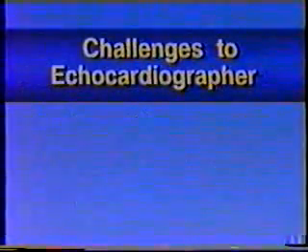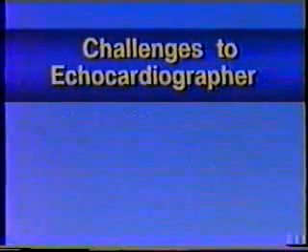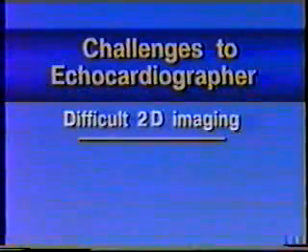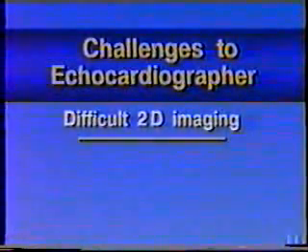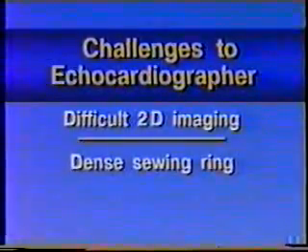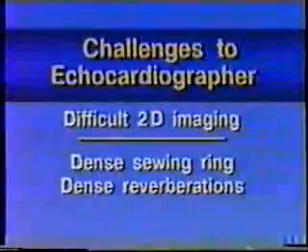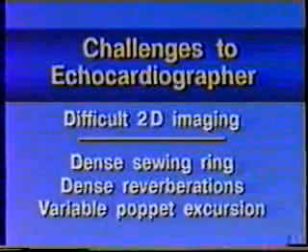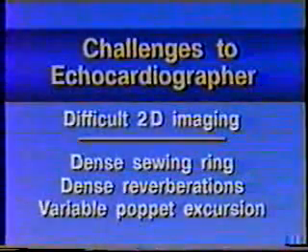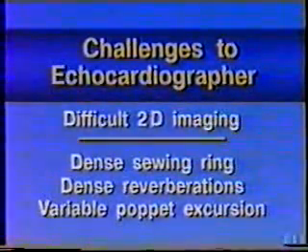Challenges facing the echocardiographer in assessing prosthetic valves include difficulty in imaging prostheses by 2D echo because of the dense sewing ring and dense reverberations from the prosthesis. Furthermore, poppet excursion on the 2D exam is in part dependent on how the prosthesis was inserted.